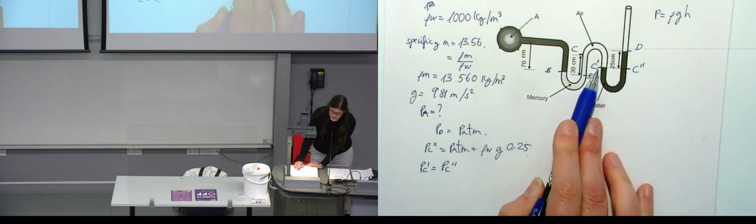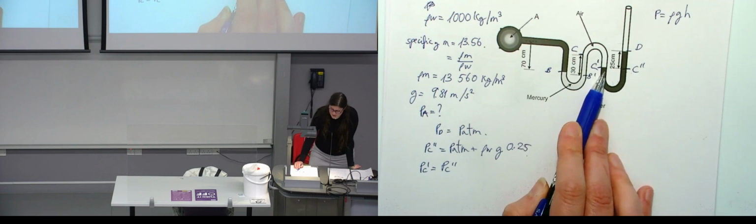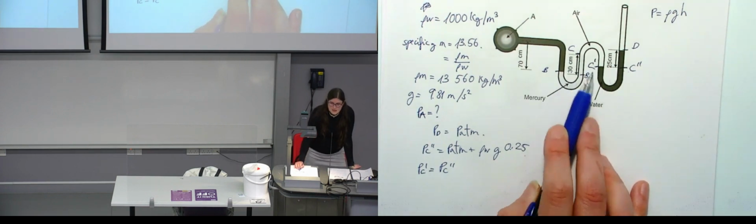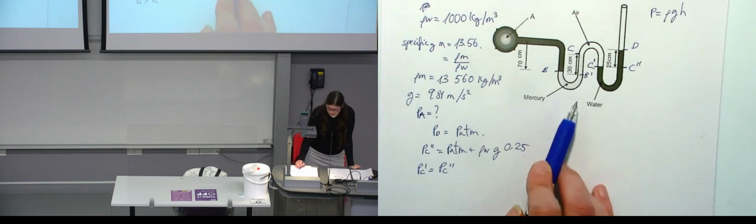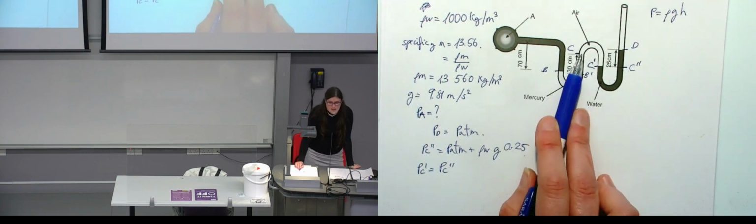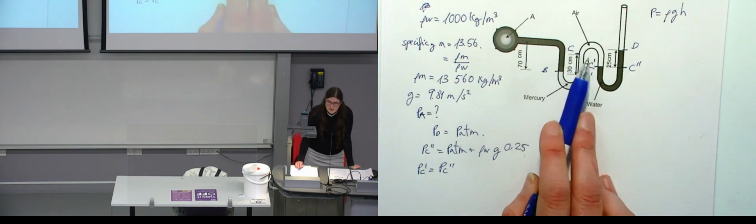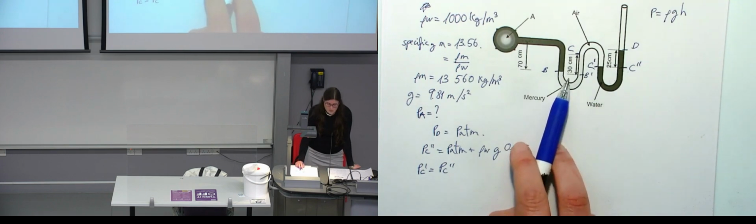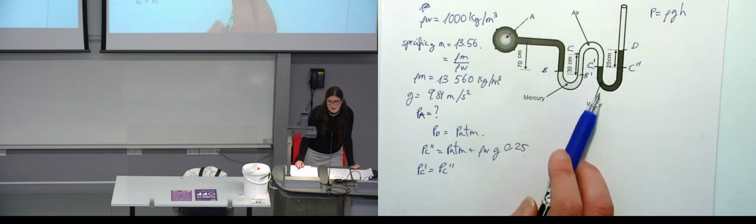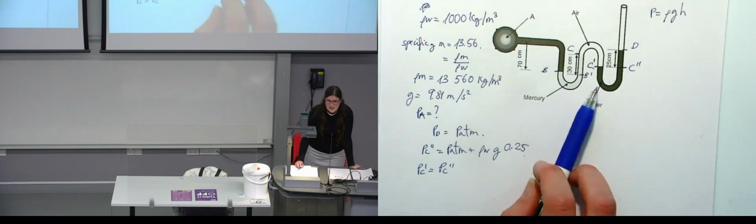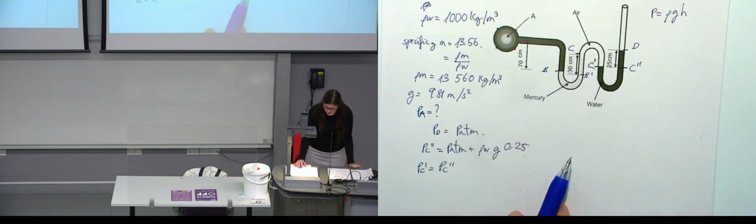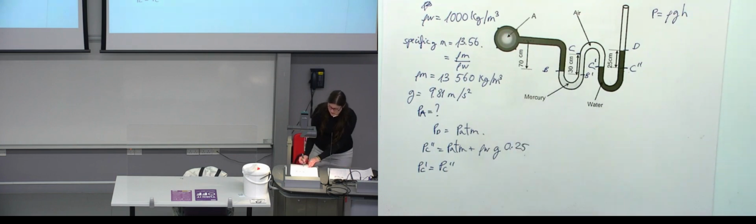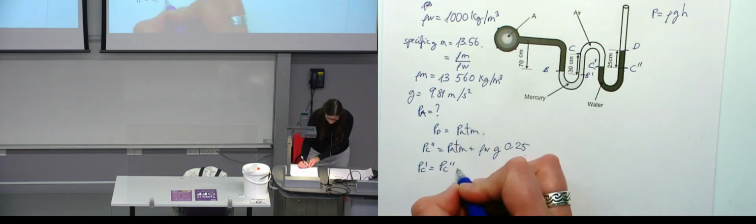Then between C prime and C, they are at different heights, but the tube is filled with air. The density of air is much lower than the density of water or mercury, so we can disregard the change of pressure in the air section. So this will be the same as the pressure at C.